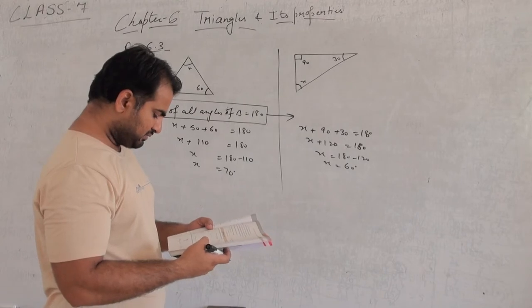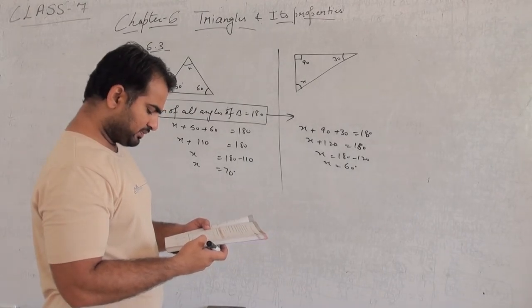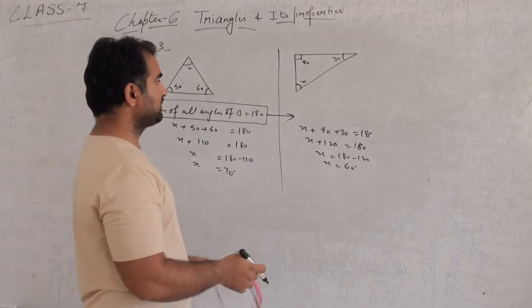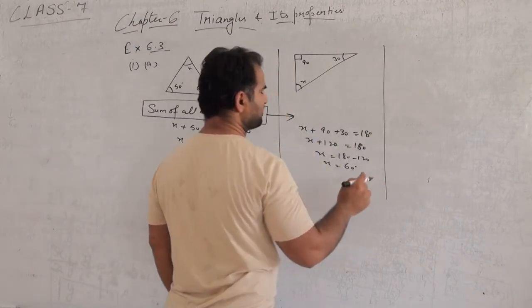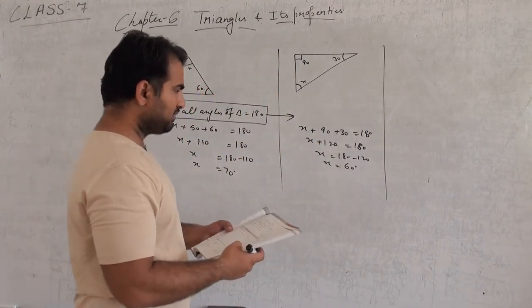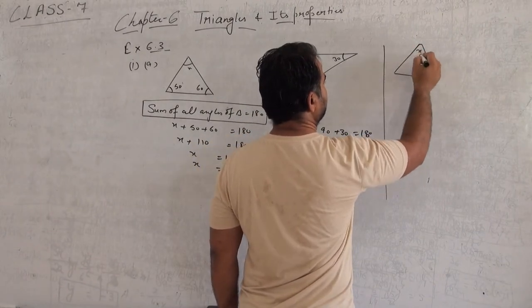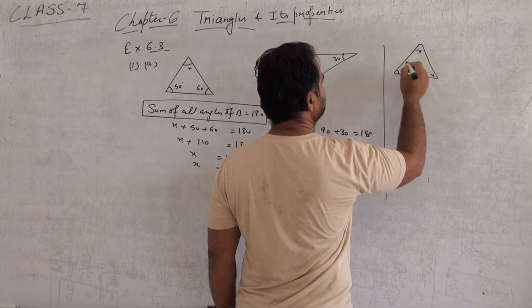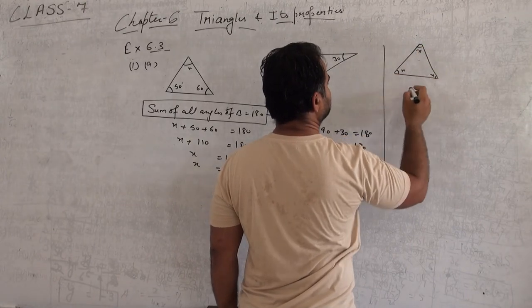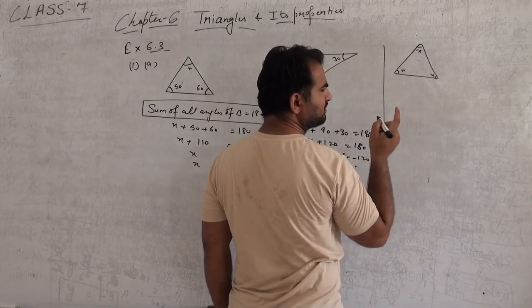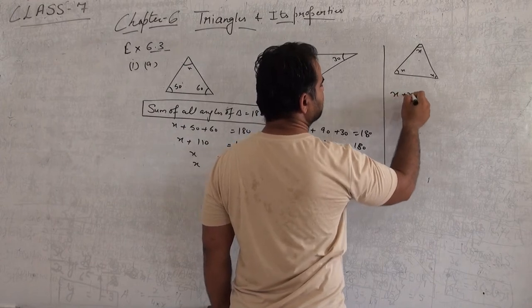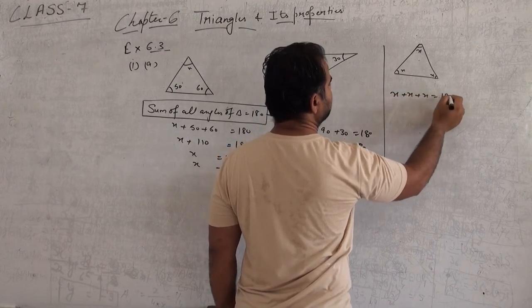So I am going to do question number 5th and then 6th. Question number 5th is, all the angles are equal. X, and this one is also x. So we all know that sum of all angles equals to 180 degree. So x plus x plus x equals to 180 degree.